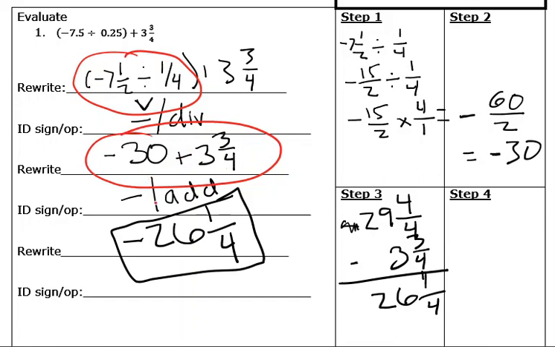And in addition, that means we're going to have a negative answer. Now it is addition, but again, I have to find the difference when I have canceling, right? So the 3 3/4 is canceling out some of that negative 30. So I went over here and I subtracted.